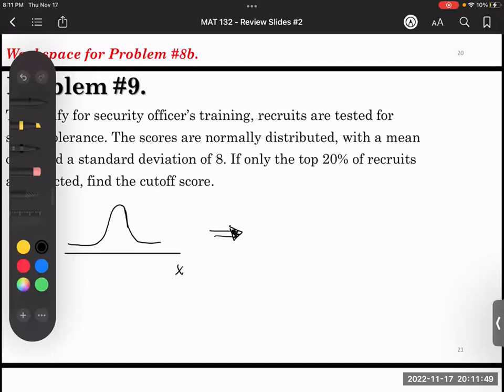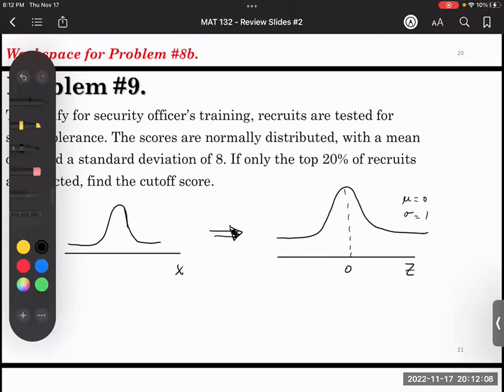In other words, you can convert the variable x to the variable z. And if we do so, in terms of z, the mean is 0, and the standard deviation is 1.